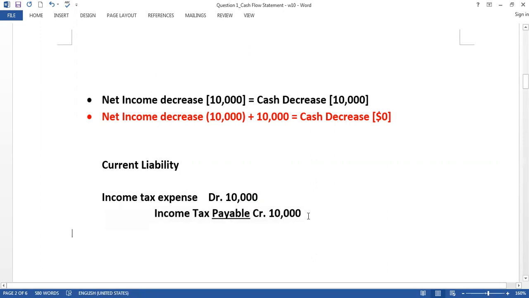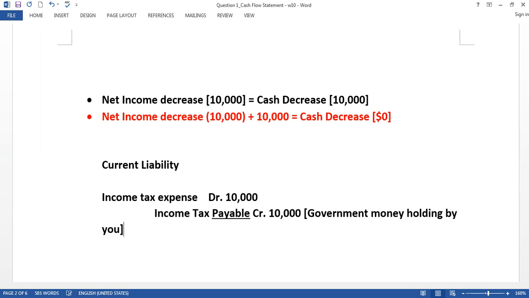Do you understand? So this is government money, held by you.